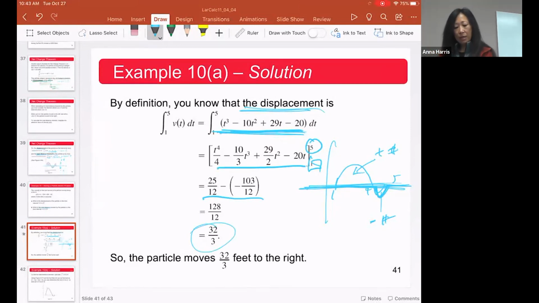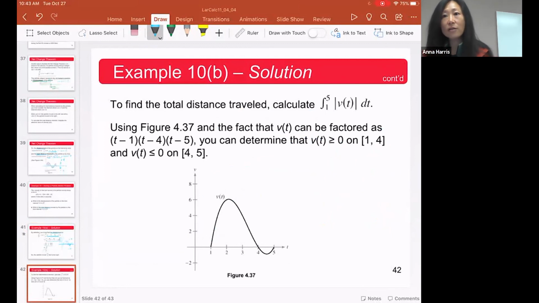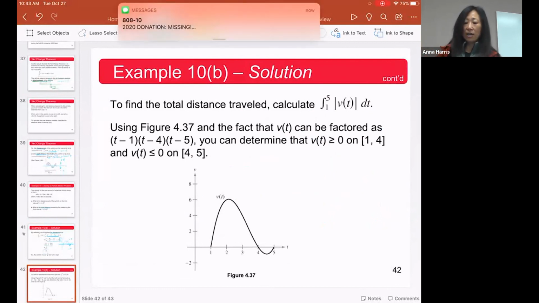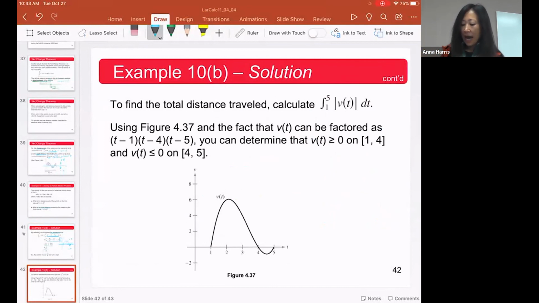Now, total distance is different. Total distance, it matters which part is under the t-axis, okay? So I have to make it into two parts. The part that is positive plus the part that is negative.